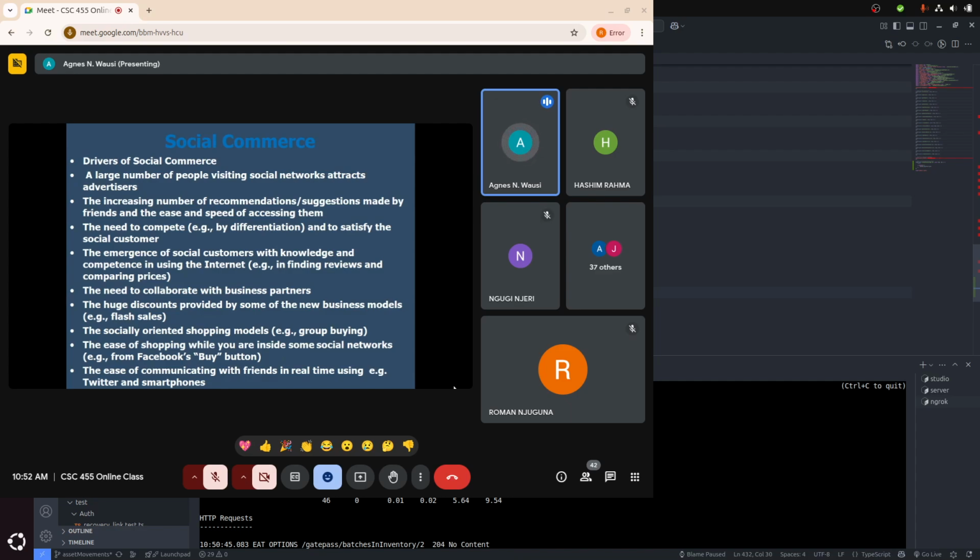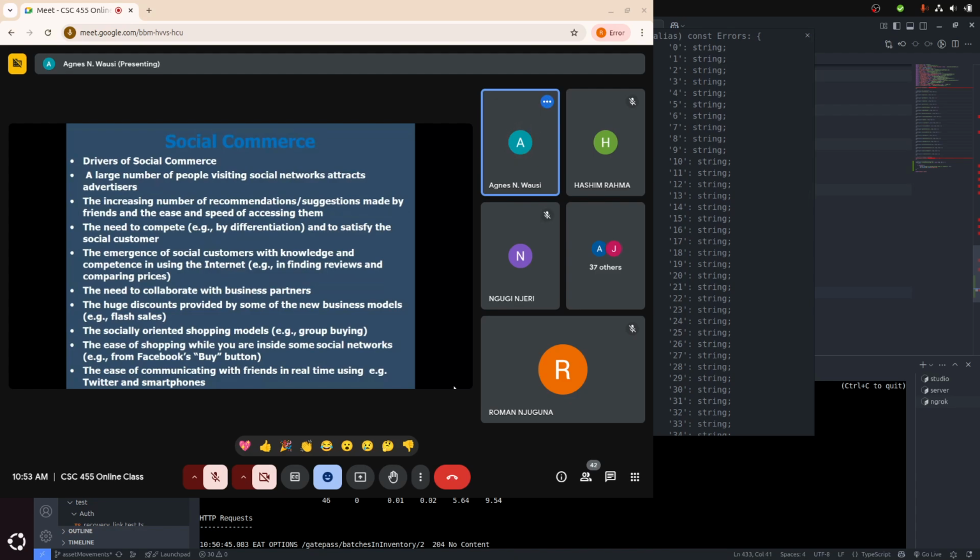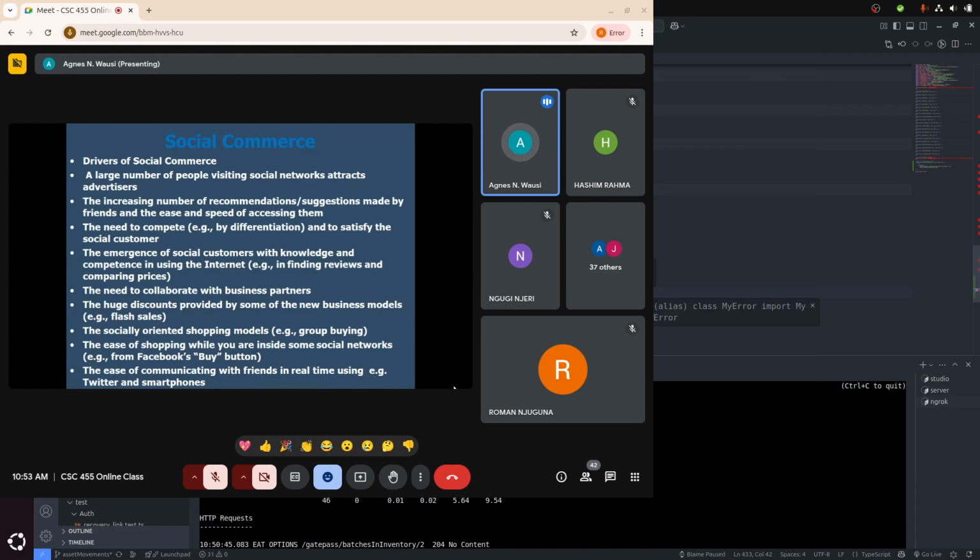Then, of course, because of the social platform and the numbers, and people can actually be in a group, you could join hands and do group buying. When you do group buying, there's likelihood that you'll have better discounts, because you're maybe buying in bulk. You've been using the social media platforms, so there is ease with which you can shop.